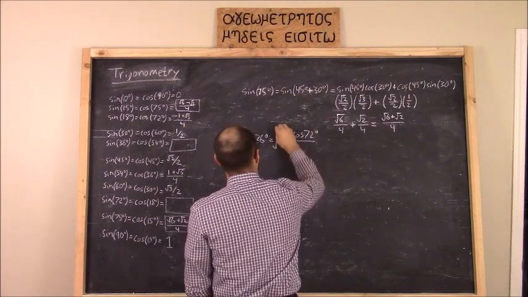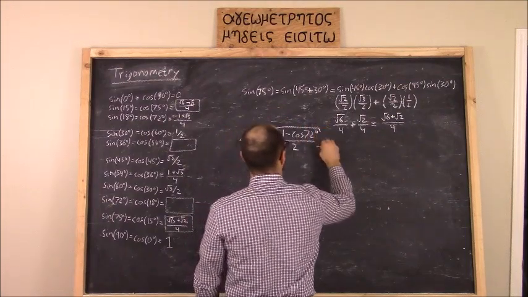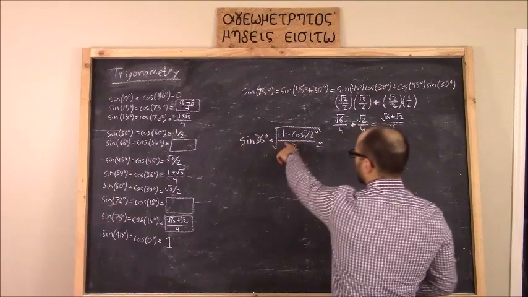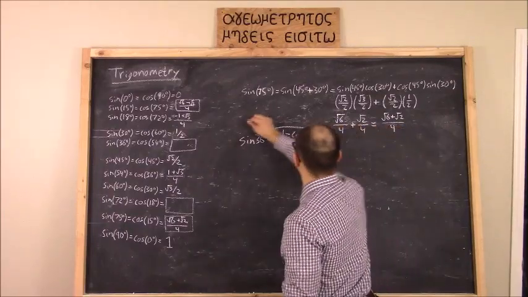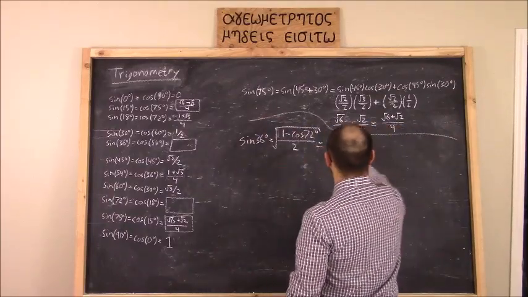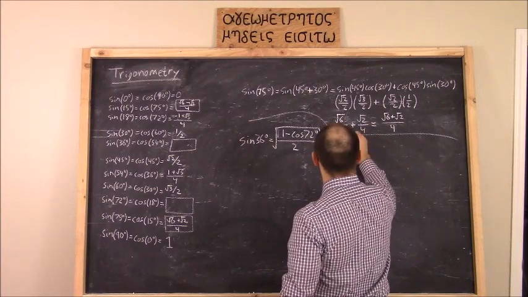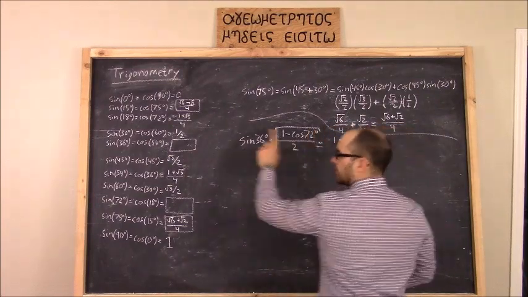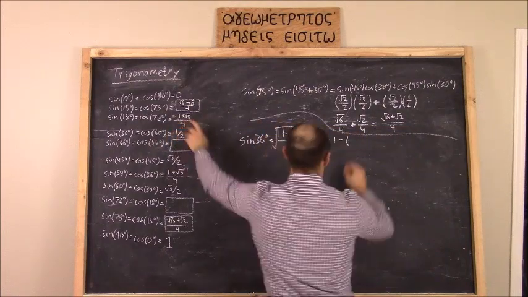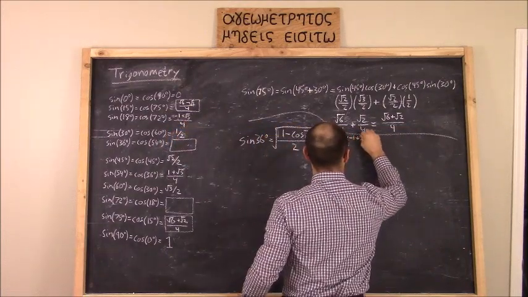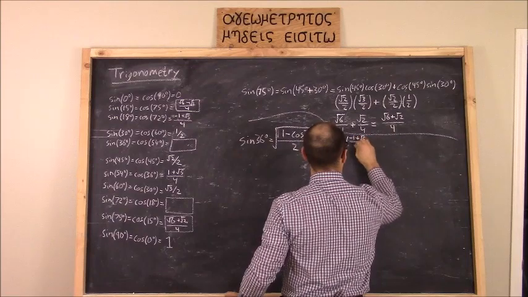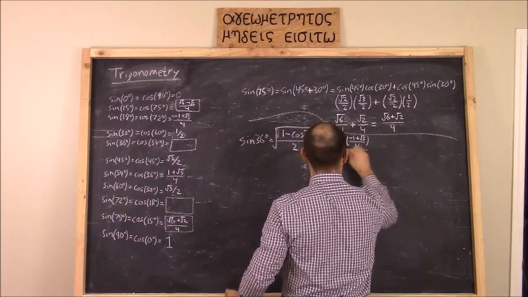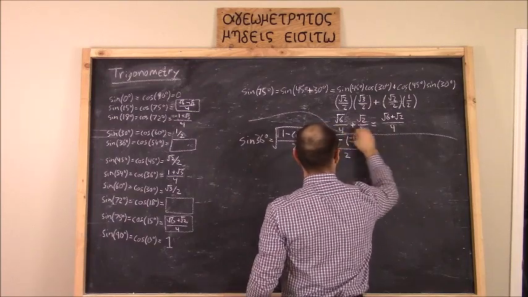It's the square root of the entire quantity. Okay, so now it's a matter of plugging in. 1 minus, okay, cosine of 72 degrees is right up here, negative 1 plus root 5 over 4. And all this is divided by 2.